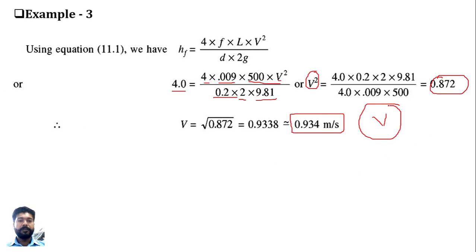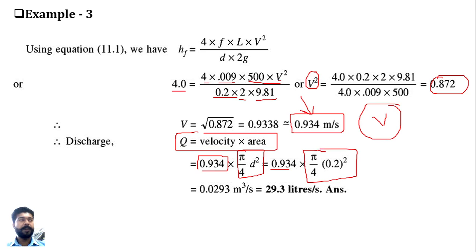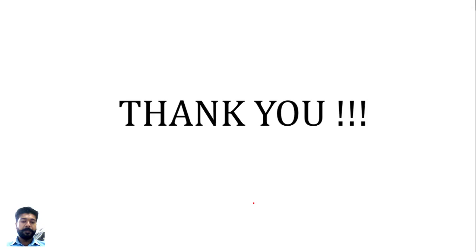Now we have the value of velocity, and the area is pi by 4 d square. After multiplying velocity and area, discharge is 0.0293 meter cube per second. If you multiply this value by 1000, it gives you the answer in liters per second. So this is your discharge Q in liter per second.